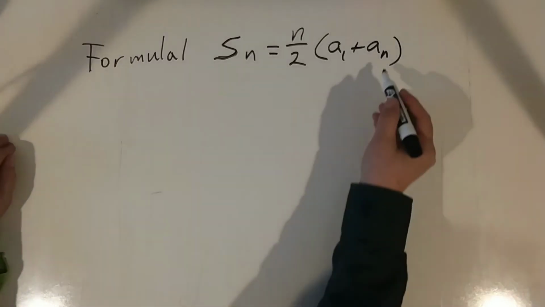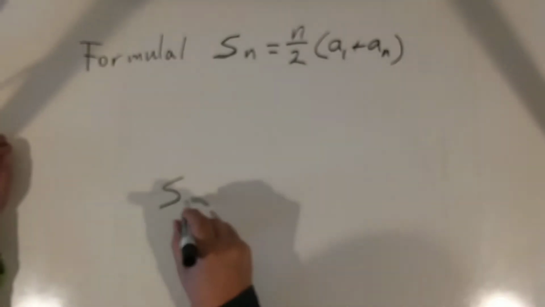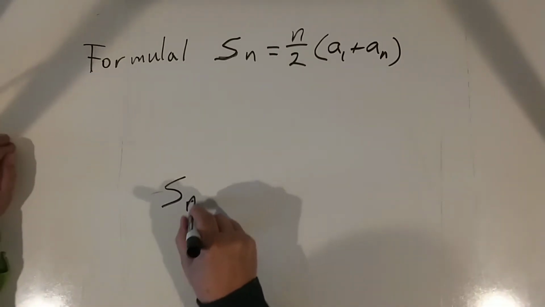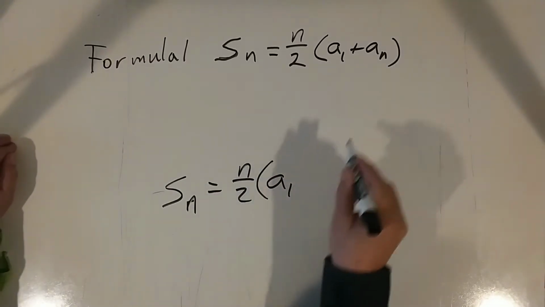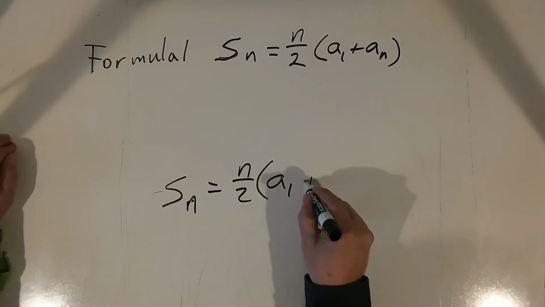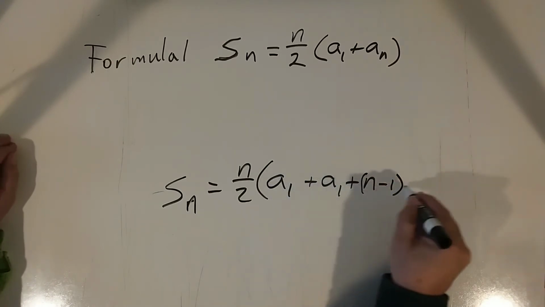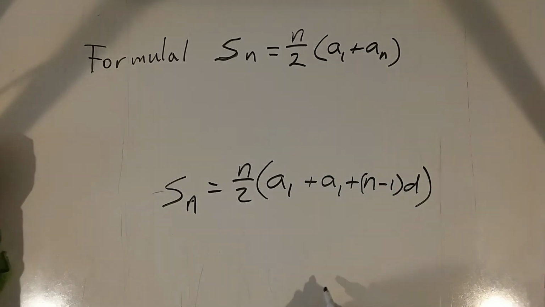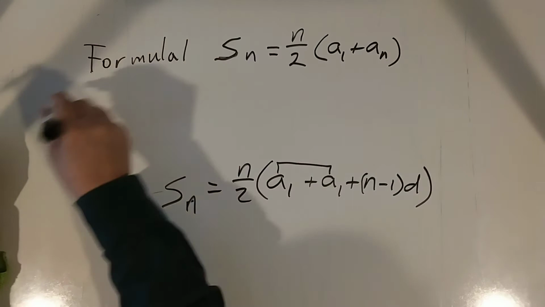If we substitute for a sub n, we get this. The sum is equal to n over 2 times a sub 1, but a sub n is just a sub 1 plus n minus 1 times the common difference. Adding these two together, we get formula 2.